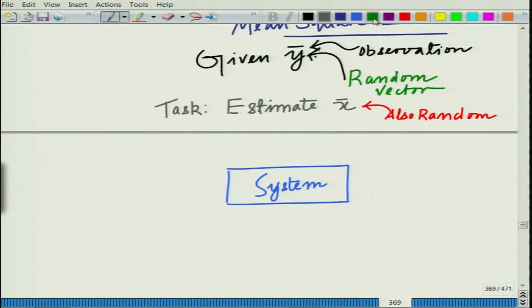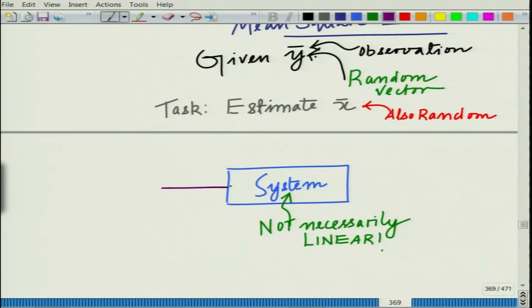The system itself is not necessarily linear, what is linear is the estimator, that is the interesting point. So, even though the system is not necessarily linear, one can construct a linear estimator. It might be suboptimal, but we will be interested in finding the best linear estimator. So, that is the point.